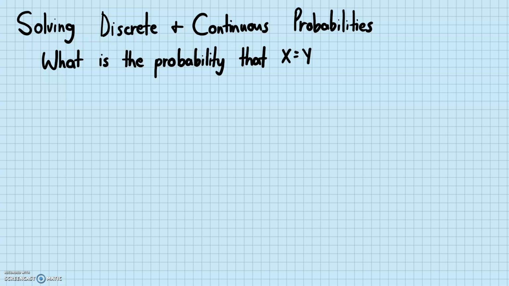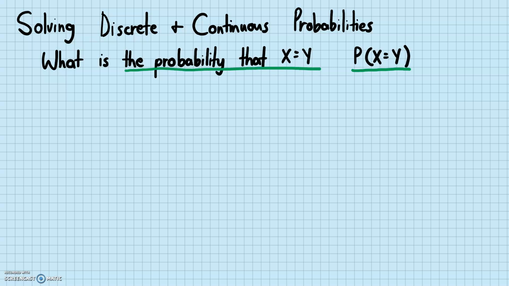And a short way of writing this would be this. This part would be the probability that x equals y.